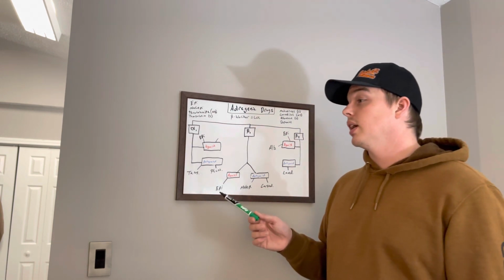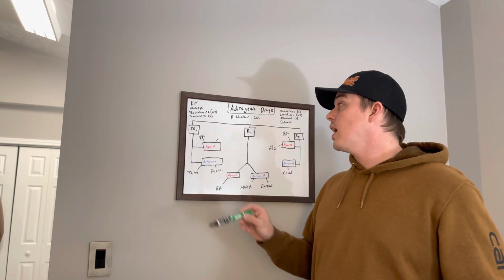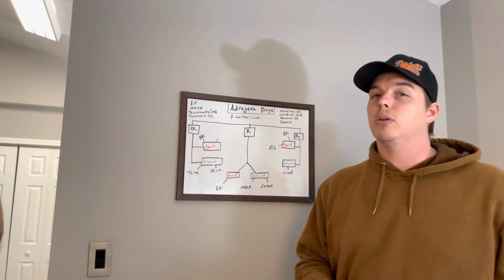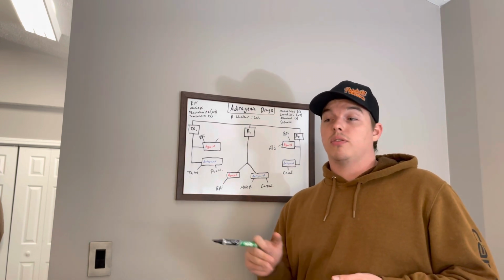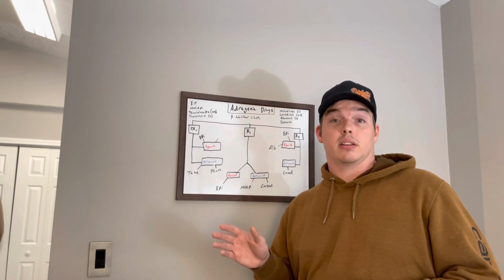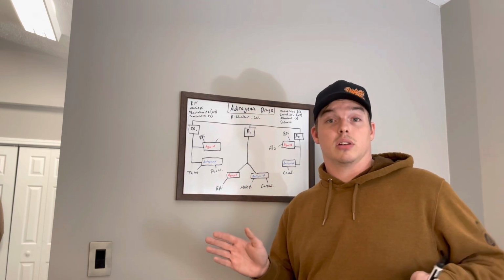But Levophed is acting on that alpha 1. And if we go back to alpha 1, we're remembering that alpha 1 has a specific effect on the vasculature throughout the body.